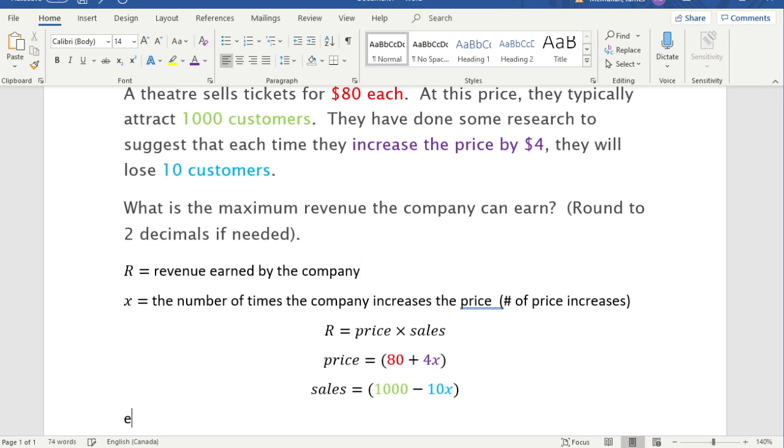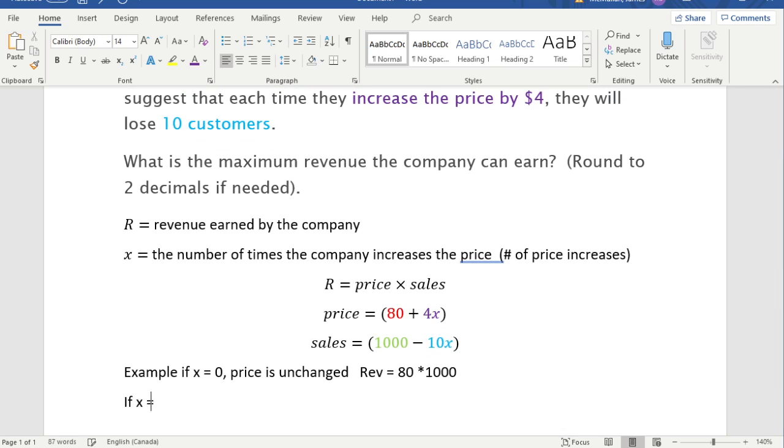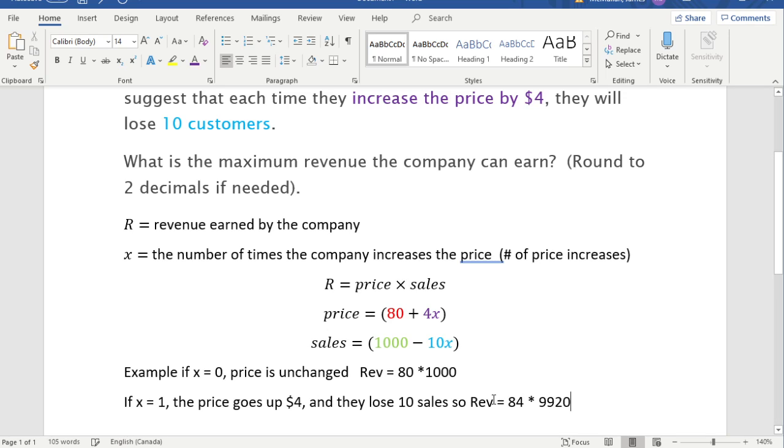So for example, if x equals 0, then the price is unchanged, and the revenue would be 80 times 1,000. If x equals 1, the price goes up $4 and they lose 10 sales, so the revenue would be 84 times 990.